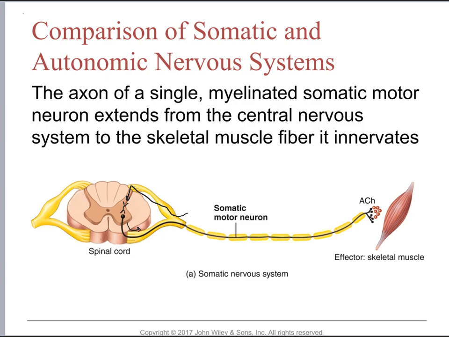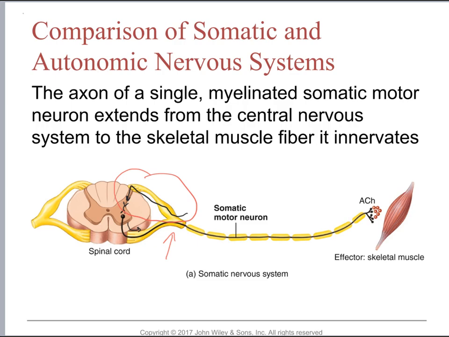Now, what we're going to focus on is we're going to bypass this portion right here. So we're going to skip this and focus right here when we look at the autonomic and somatic nervous system, and we're going to see exactly what that motor neuron looks like, what it does, what it touches, and how it works. So if we look at our somatic nervous system here, we see a couple things of interest.